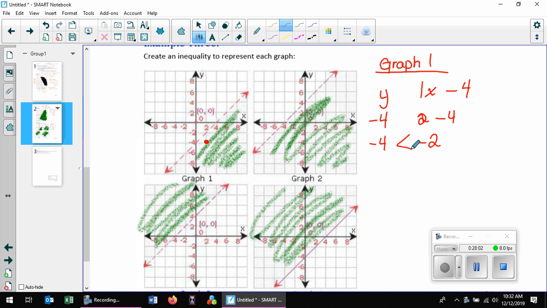Do you guys agree with that? Yeah. Right? Because the alligator is going to eat the bigger number. And is that a dashed line? So this is my inequality. Does that make sense to everybody?